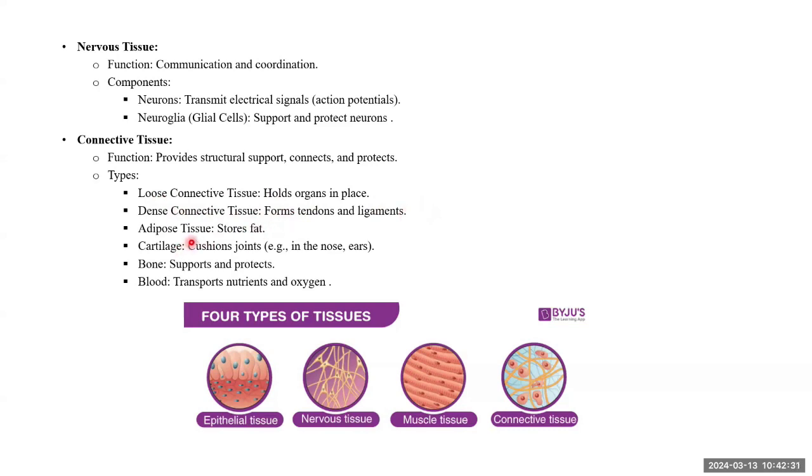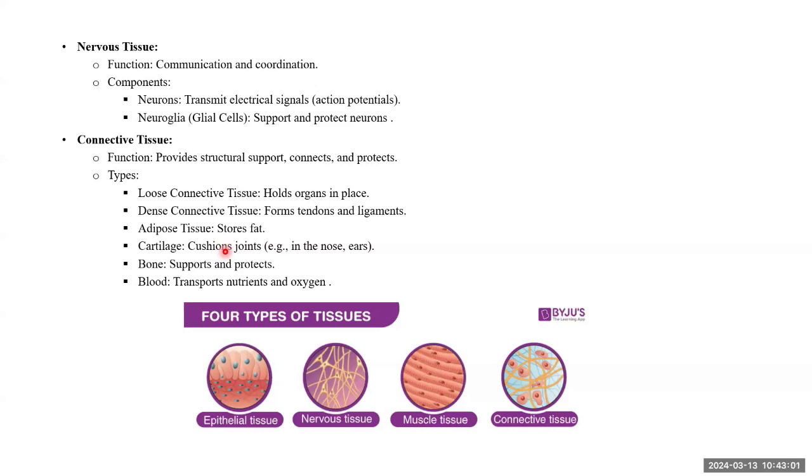Then there are adipose tissue and cartilage tissue that forms cushions in the joints. Whenever two bones meet at a joint, if cartilage is not present at that site, they would rub with each other and cause significant pain and disability. So whenever there is a joint, the bone caps are always lined with cartilage.